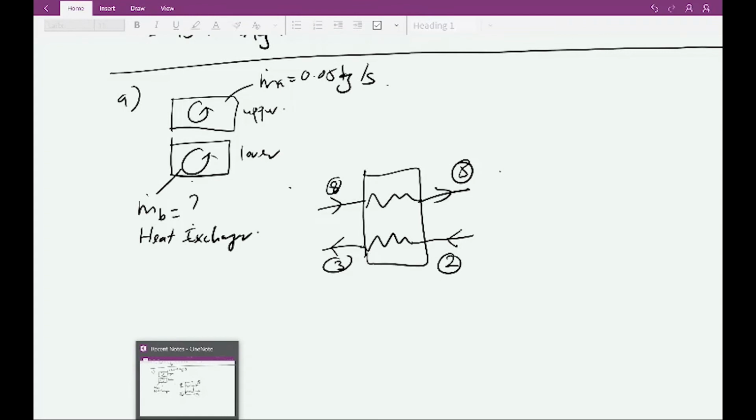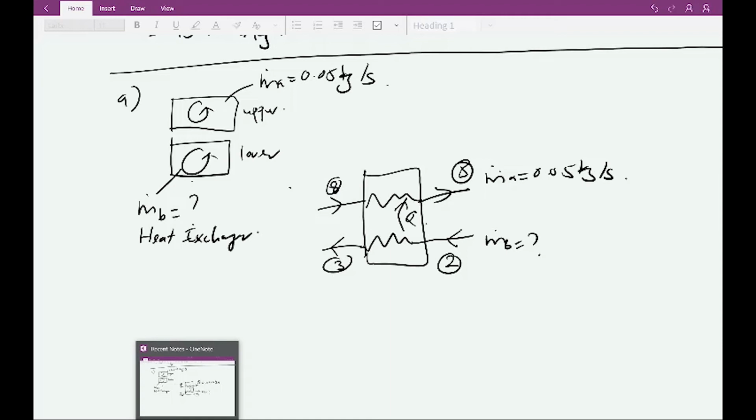This is the important part. The mass flow rate through the lower cycle is ṁB, and for the upper cycle is ṁA equal to 0.05 kg per second.